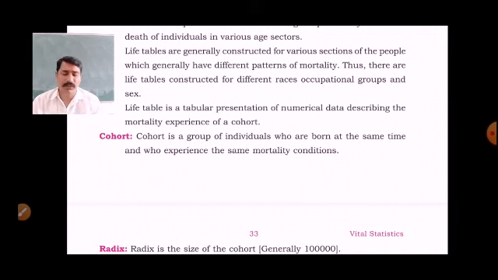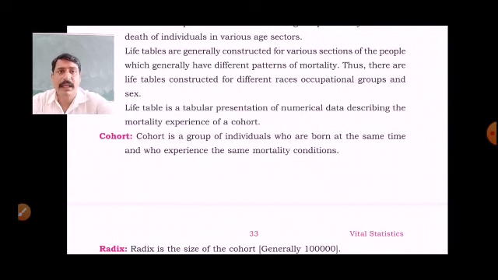During this span, how many people take birth? All of them will be put in one single table. Maybe we can divide them according to certain conditions, gender wise, religion wise, or class wise, upper class, middle class, like that.